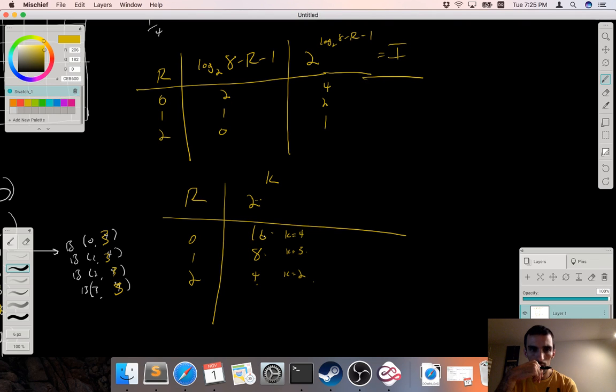So good. So then I can still use this guy. Okay. So log base 2 of 8, that's 3. 3 minus recursion level, which starts at 0. 3 minus 0, but then I need a plus 1. This needs to be plus 1. I think that's it.